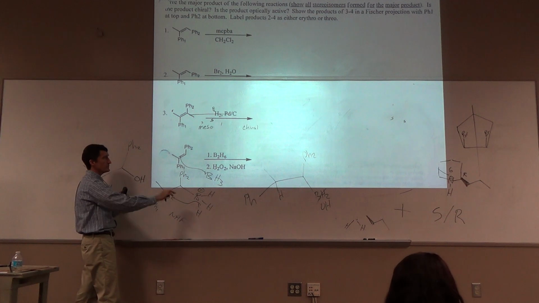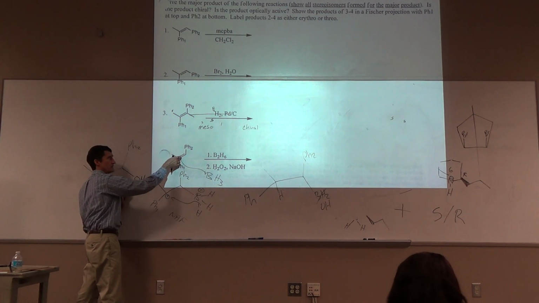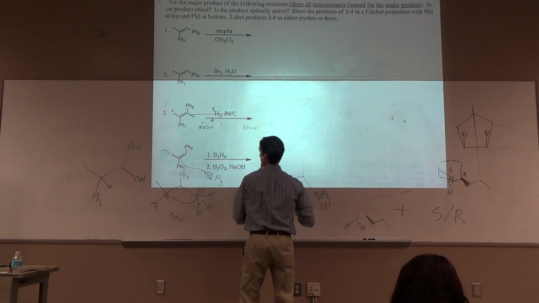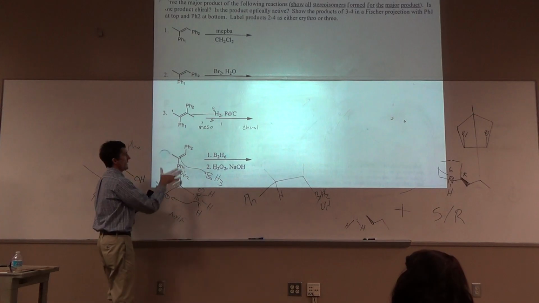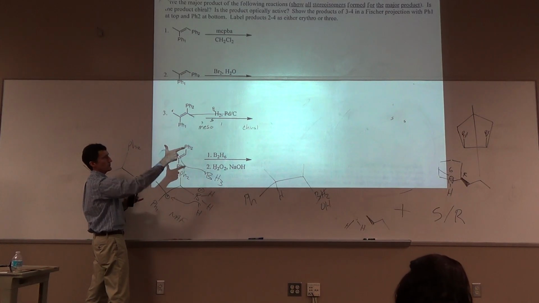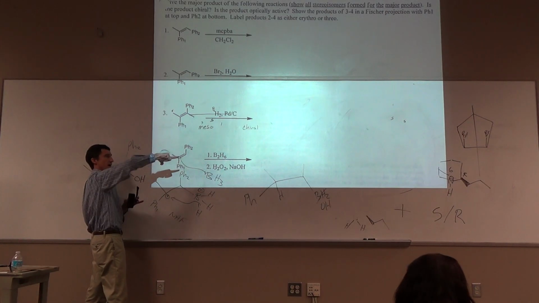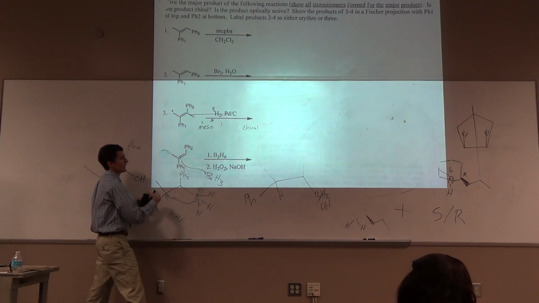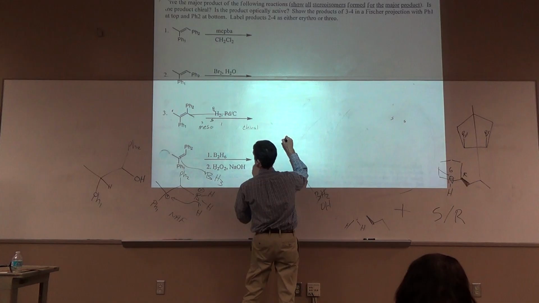Let's do this fresh, but let's start with maintaining the stereochemistry by turning this. Instead of like this, pretend these are going up here. I'm going to turn it like that, so these are going back. And this thing is coming forward. I'm just going to turn it.